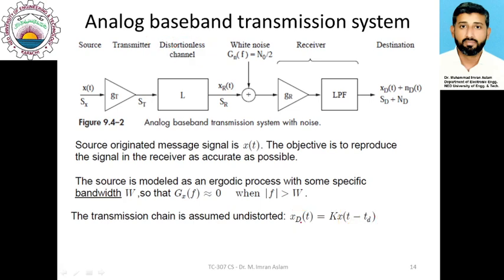So this is the mathematical representation of the distortionless channel, that the transmitted signal is received at the receiver exactly in its original form, with some delay and some constant multiple or constant attenuation or gain.